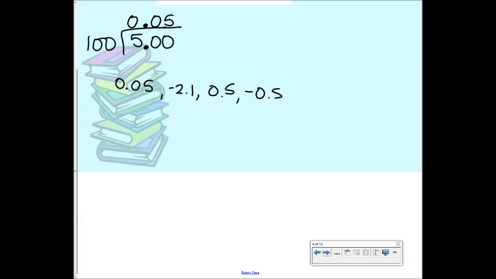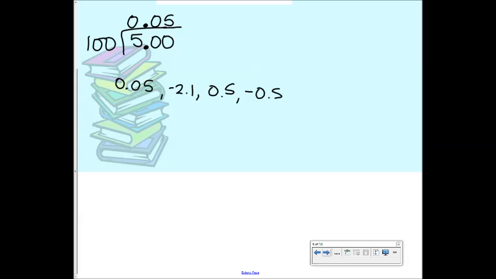Then what would come next? Negative 0.5. Okay, what would come next? So we're done with this one, so now we're just looking at these two. Which is bigger? 0.5 is bigger. 0.05 is like having how much money? 5 cents. 0.5 is like having 50 cents.